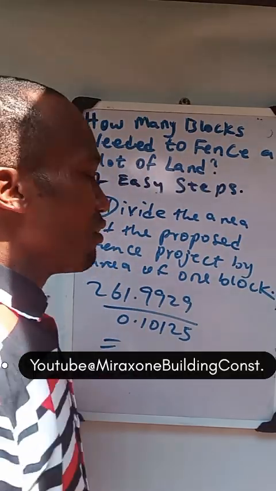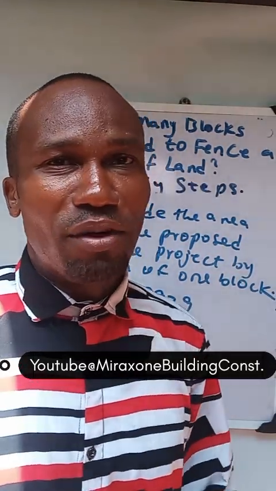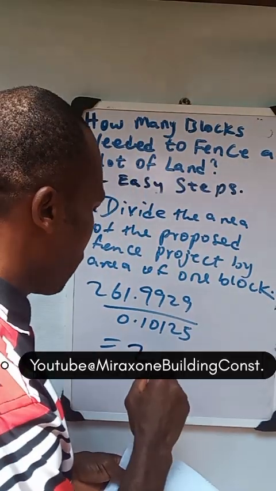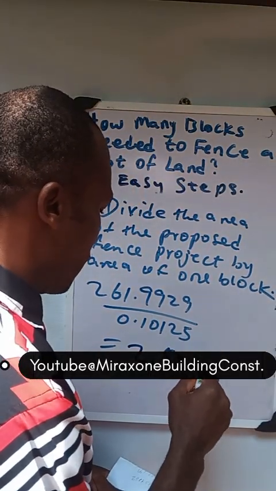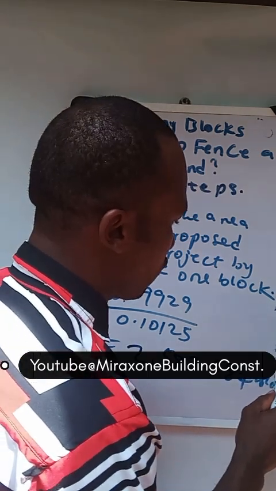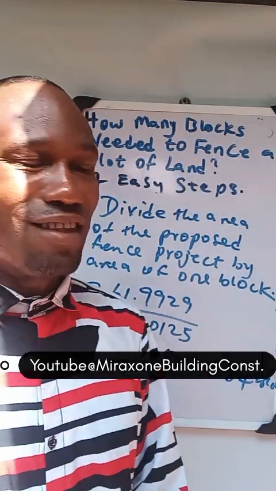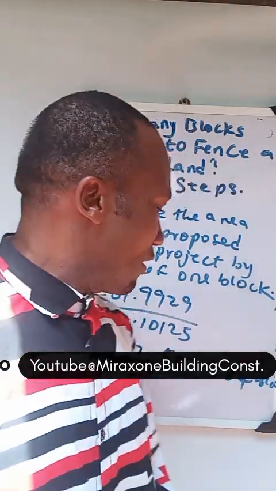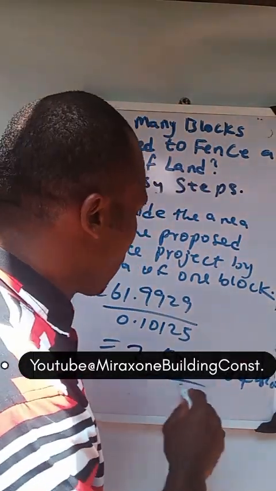So when you divide it, you will see how many pieces we are going to get right now. Okay, which is 2587.584 blocks. So you're almost there. Hope you can see it. So that is it. So we are coming.